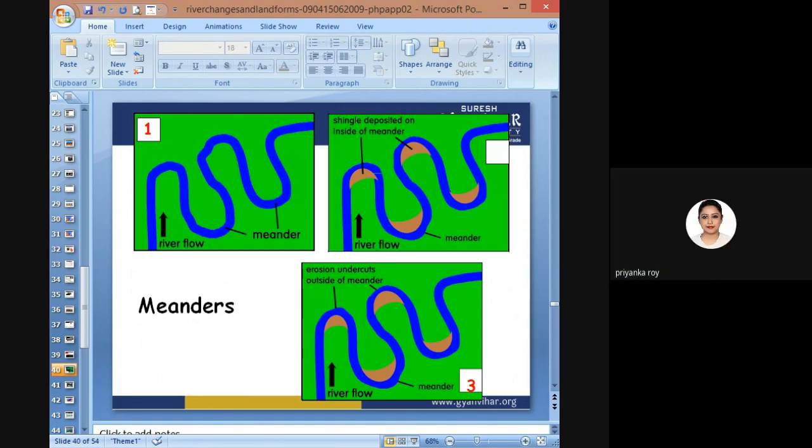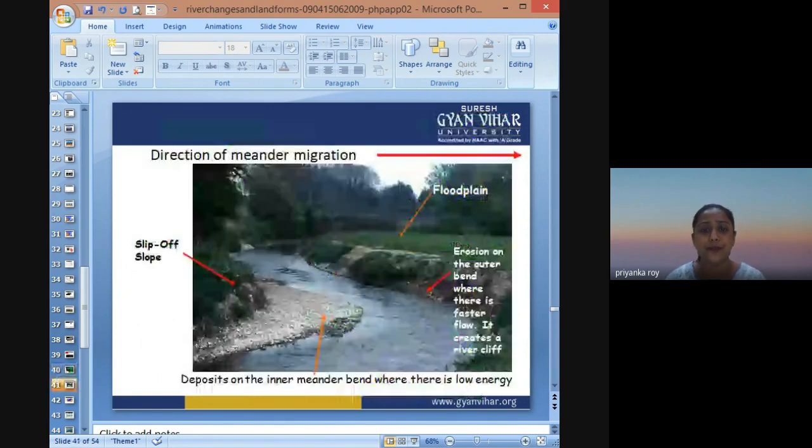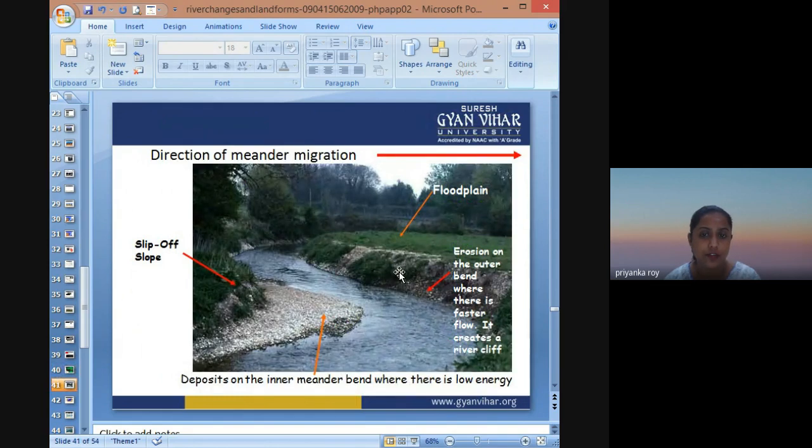Meanders start depositing silt on the inner portion of the curves, because the speed of the flow reduces. Again, you see here there are depositional land features. This is a depositional land feature, and this is the meandering which happens.